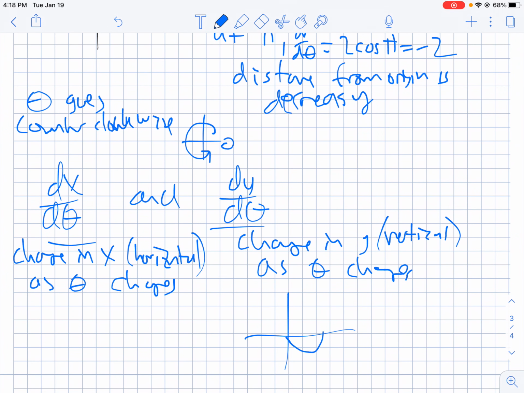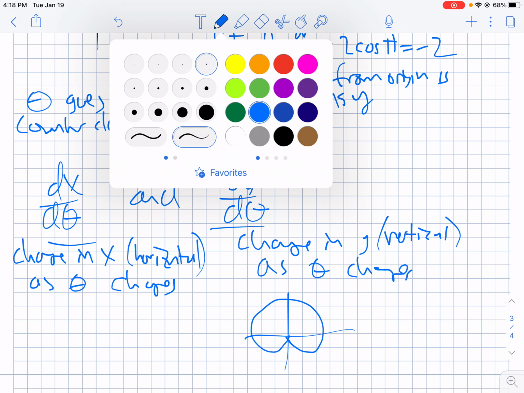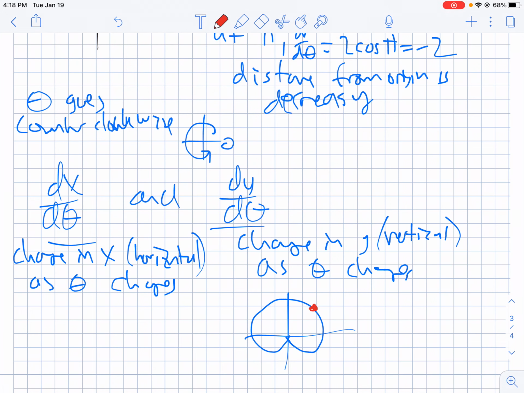If I were to look at this point right here, as I go around the curve, I am moving up, and I'm also moving left. If I'm moving up, that means y is increasing, so dy d theta would be a positive number. If I'm moving left, that would mean my dx d theta would be a negative number because it's moving to the left.